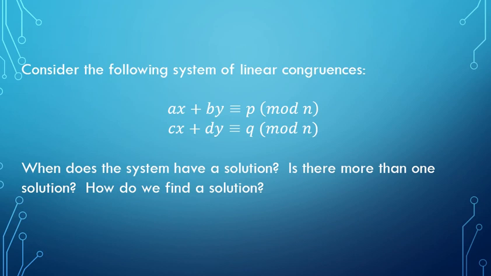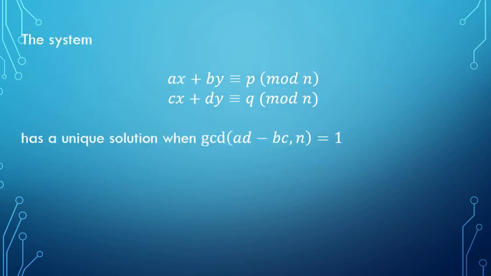So what we're going to first see, we'll tackle two of these questions in one. If we have this system, ax plus by is congruent to p mod n, and cx plus dy is congruent to q mod n, this system has a unique solution when the GCD of ad minus bc and n is equal to 1.